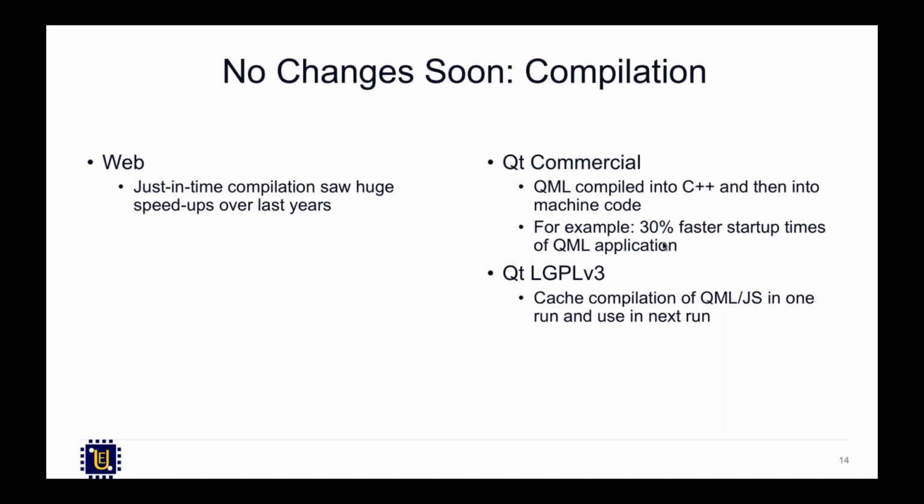And yes, there were a lot of speed ups for just-in-time compilation for JavaScript over the last years. But hey, the QML engine, which also uses JavaScript, can do exactly the same optimizations that web does. They can actually profit. They can just scrounge these and use them.